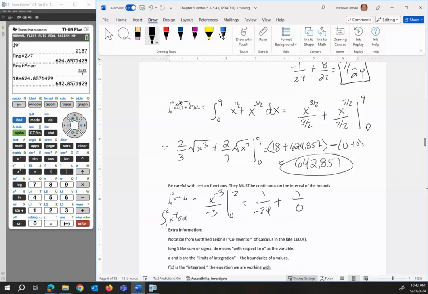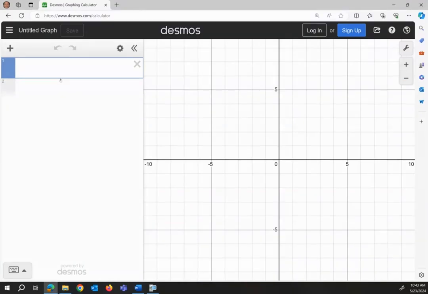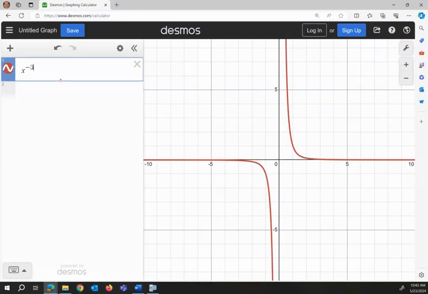The function has to be continuous on the interval. If you're not sure what that looks like, you can always try to graph the original function. You see how this function has a vertical asymptote here at 0. So we can't do the integral when it crosses over something weird like that vertical asymptote.